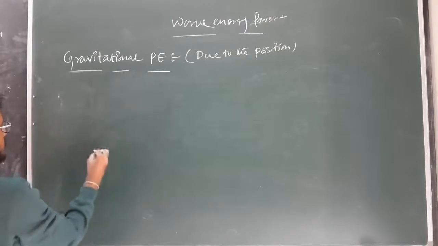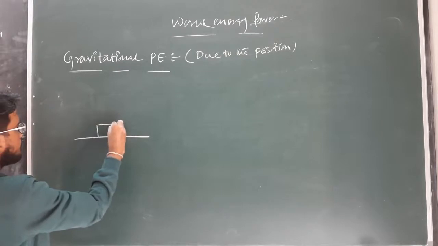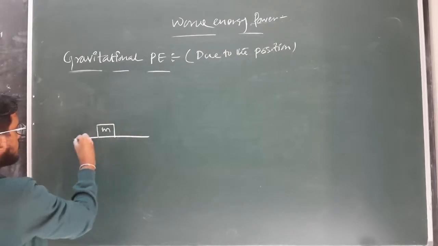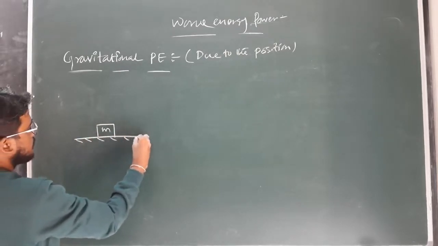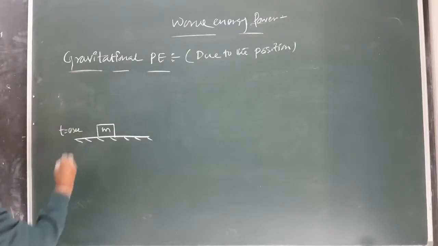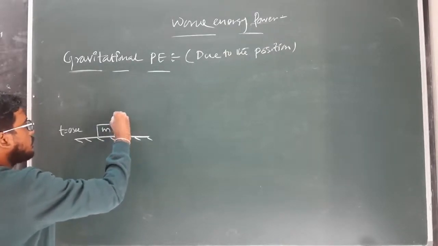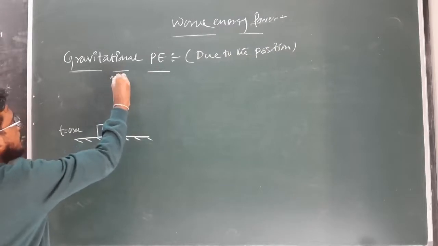So let's consider a block of mass m which is placed on the ground, initially at t equal to 0 second. And we want to displace this block from the ground to a certain height h.